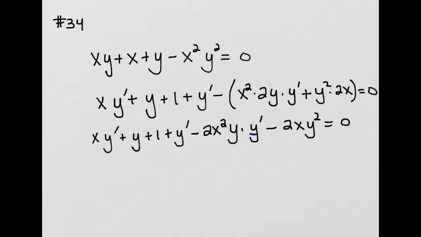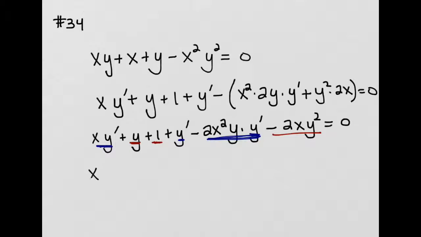So notice that I have a y prime in this term, a y prime in this term, and a y prime in this term. So I want to get all the terms with a y prime on one side and all the other terms on the other side. So the ones I have underlined in blue, those will be the ones that we keep on this side. And the ones that are in red, I'm going to bring over to the opposite side.